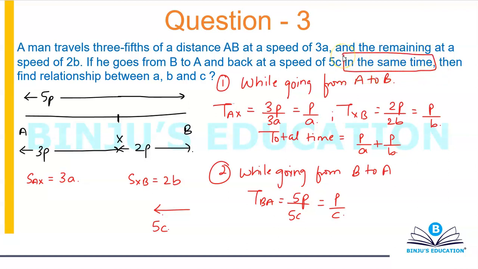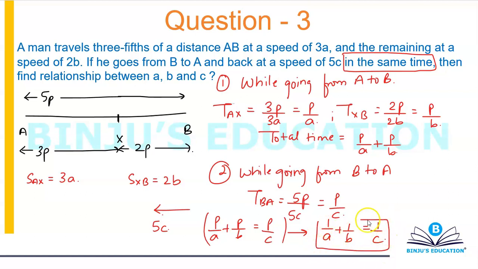That means time from A to B will be equal to time from B to A, right? Which means P by A plus P by B should be equal to P by C, which means that 1 over A plus 1 over B would be equal to 1 over C. And that's it.